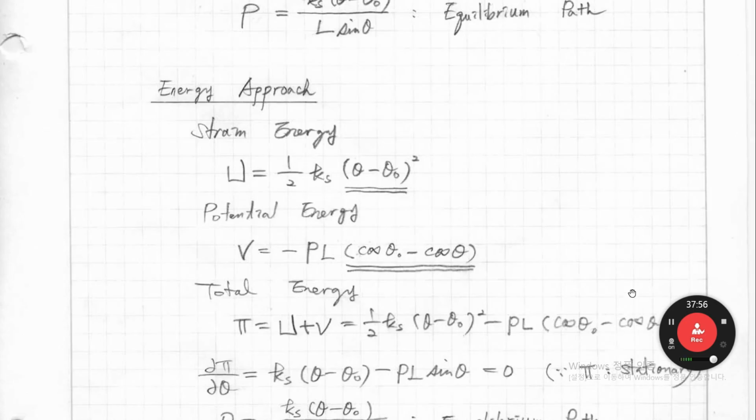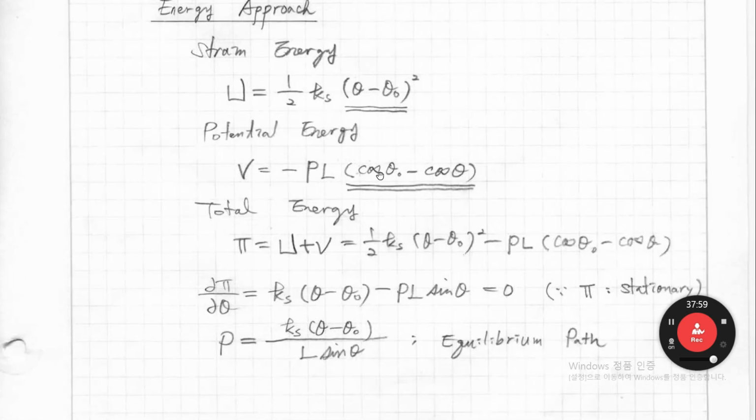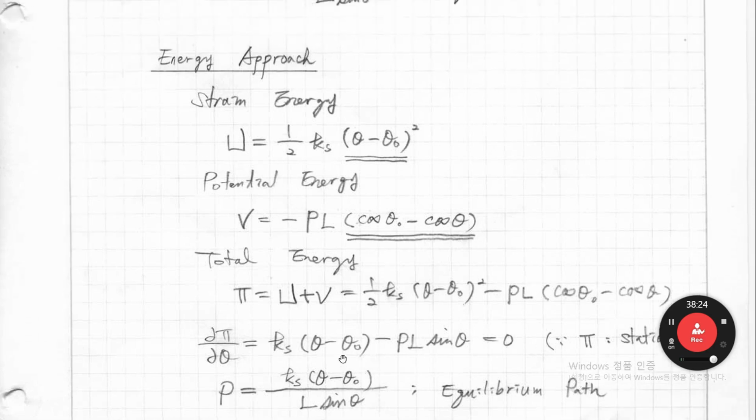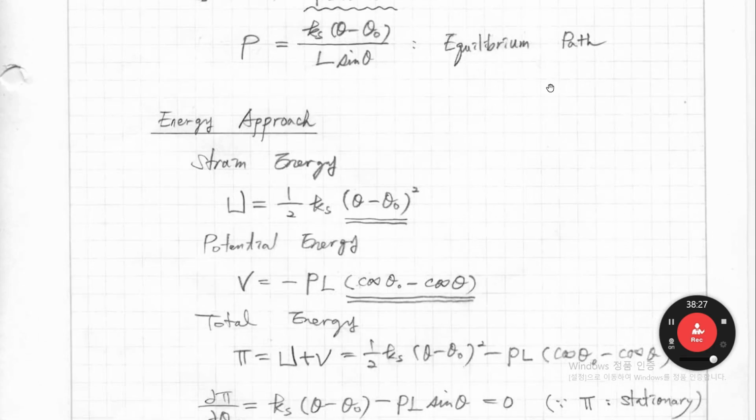Total energy is this one, just added together. Take the derivative, then we can get this term. This term becomes this one. This is constant, so it disappears. You have the same result as when you use the equilibrium path.